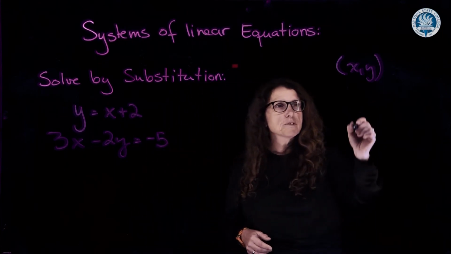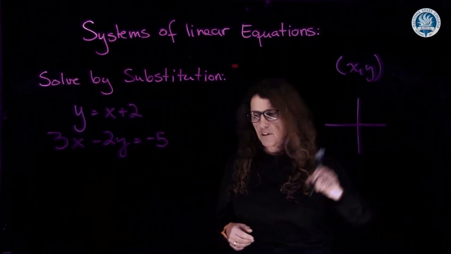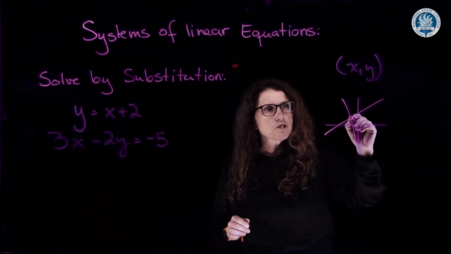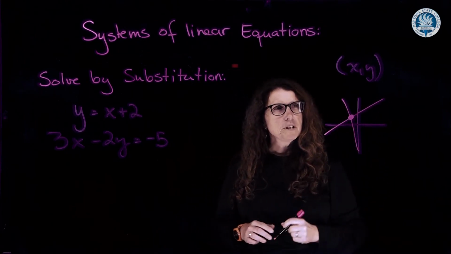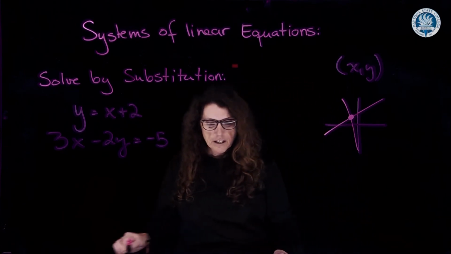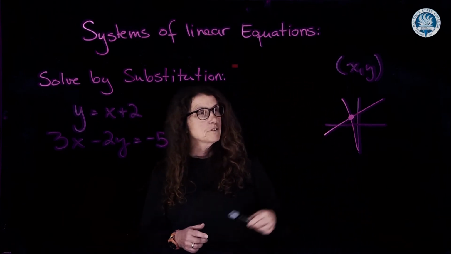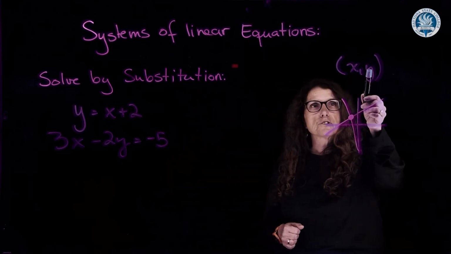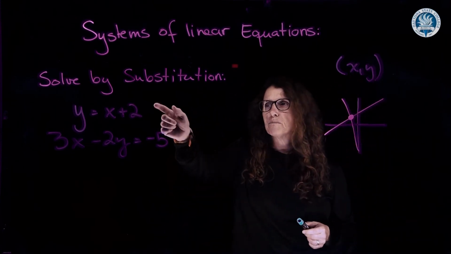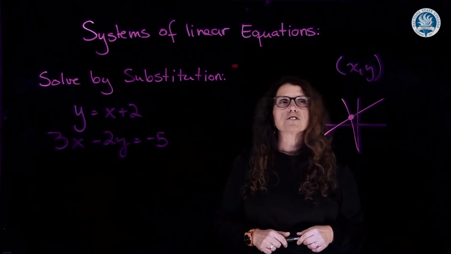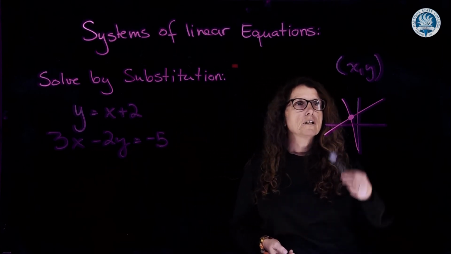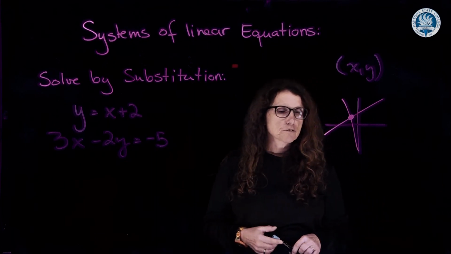If you have 2 lines, when they intersect with each other, that is your solution, in the form of an ordered pair x comma y. This solution has to make both of these equations a true statement. If it doesn't work for one, then it is not a solution.